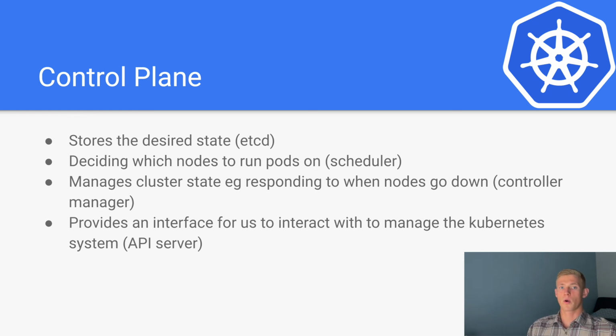Depending on where there is space, which nodes have space in the cluster, it will deploy the workload to a specific node that it knows it has space. And then once the pod or whatever object is up and running, the controller manager or a specific controller will look after ensuring that the pod remains up.